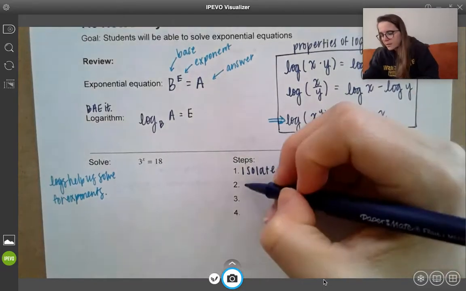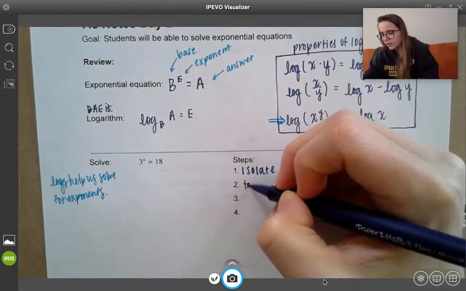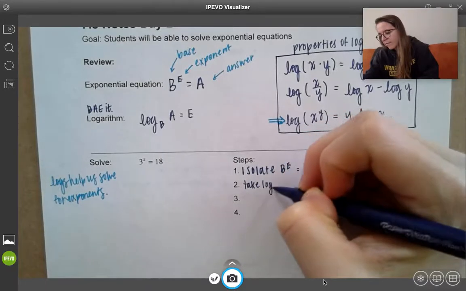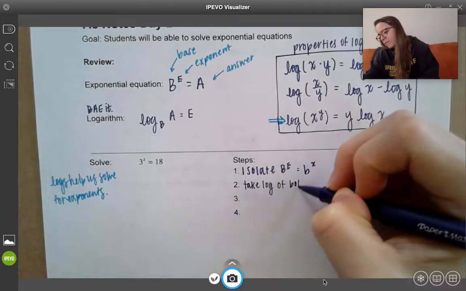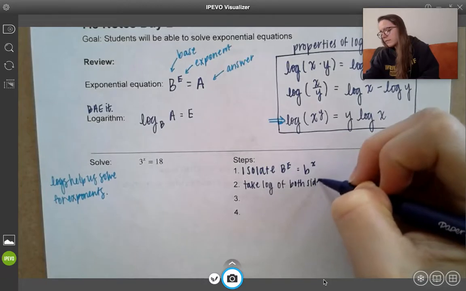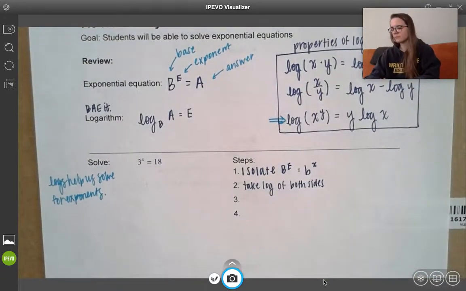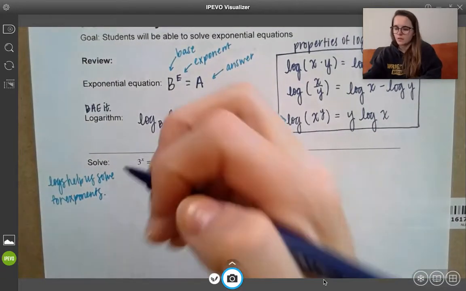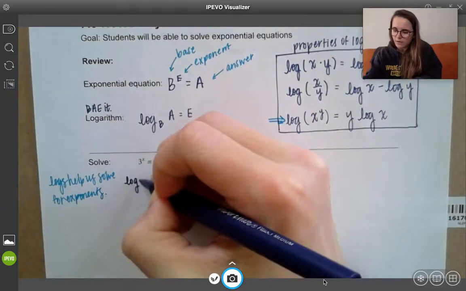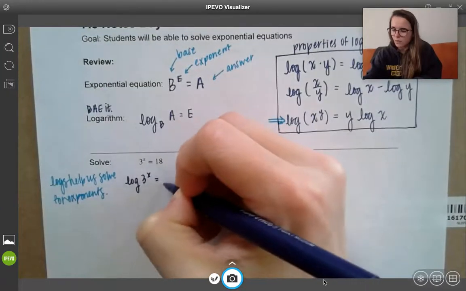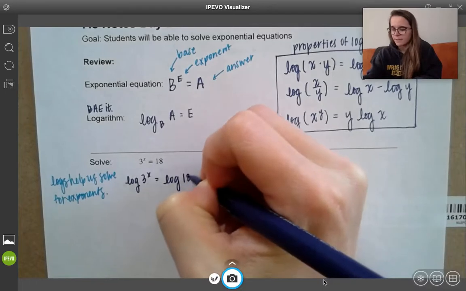Our second step is we're going to take the log of both sides. So I'm going to have log of 3 to the x equals log of 18.